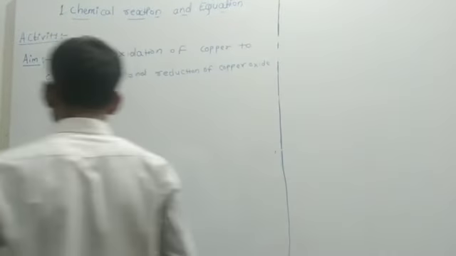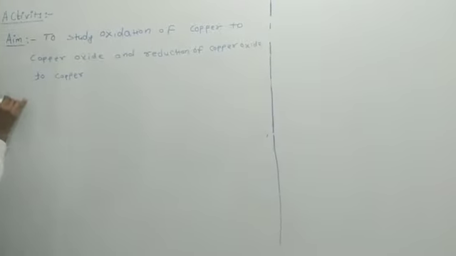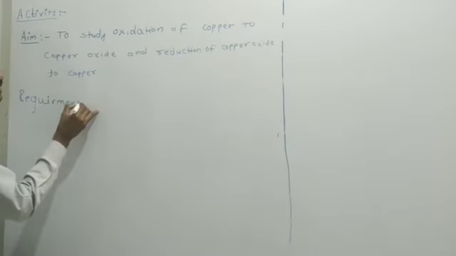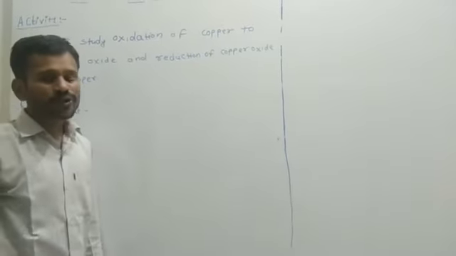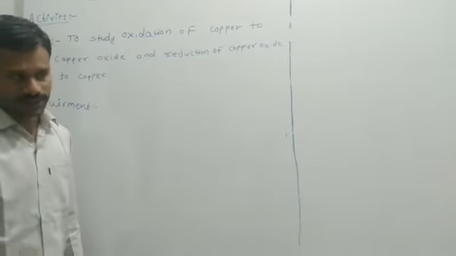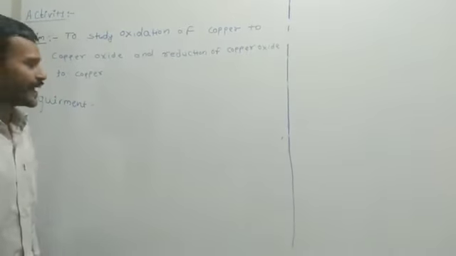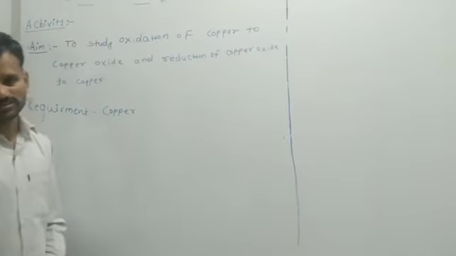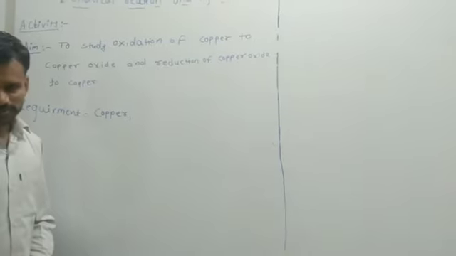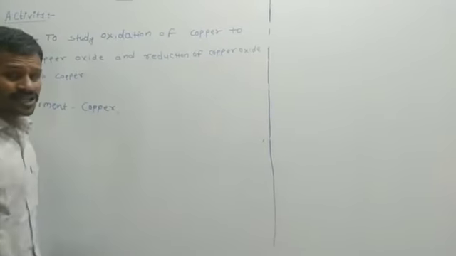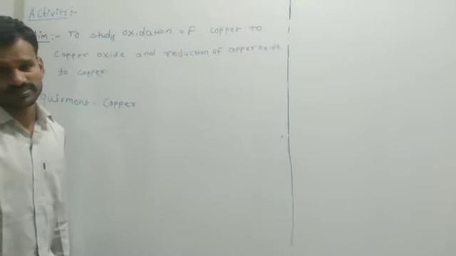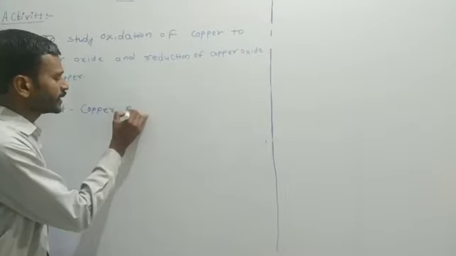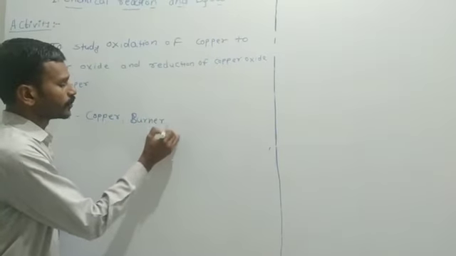So dear student, the requirements for this activity: we require copper. This is the copper, and it has a reddish brown color. In this reaction heat is also required, so for heating we use a burner stand.